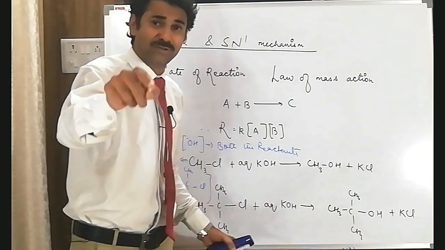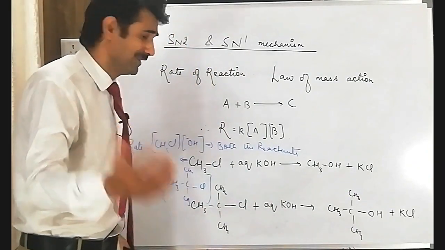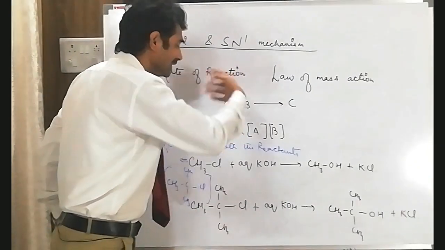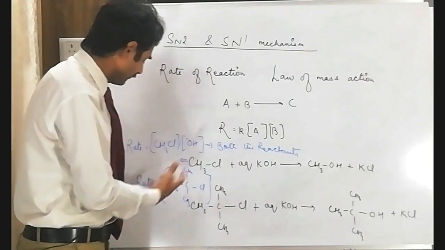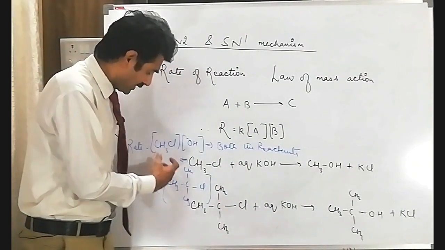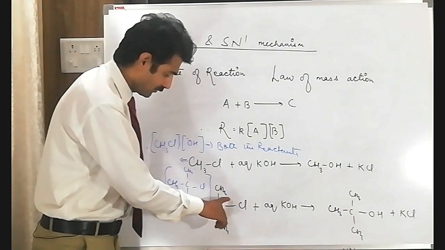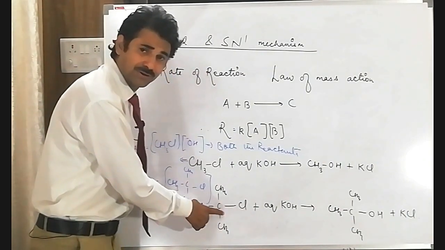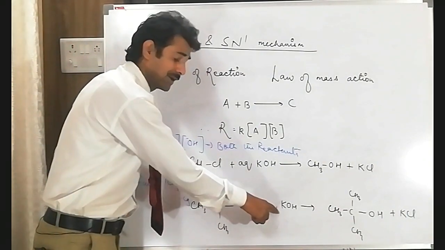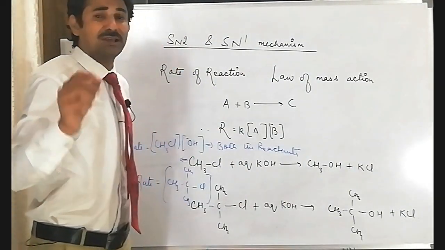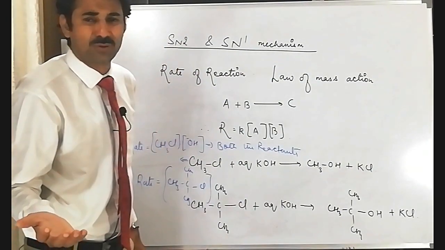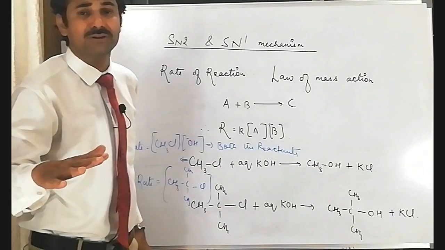No, you have the capability. We said rate is dependent upon the reactants. So in tertiary halide, rate is proportional to the concentration of tertiary halide only, not on aqueous KOH. That means if we increase the concentration of KOH, it will not affect the rate of the reaction.